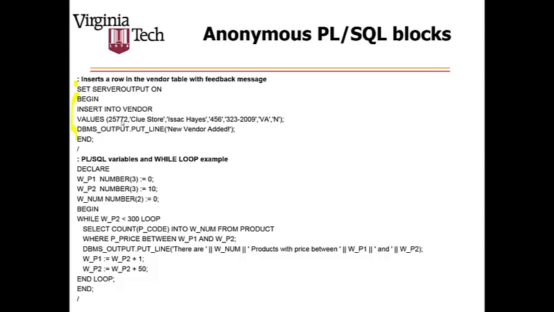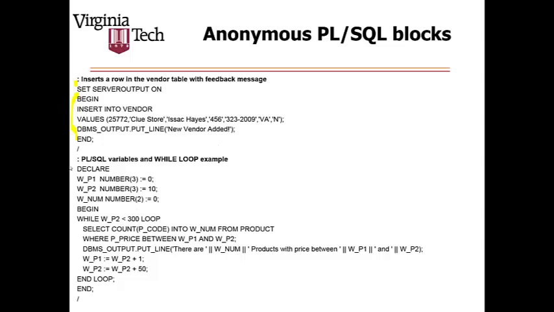Insert into vendor these values: 25772, Clue Store, IZKs, 456, Virginia. Who knows what that last attribute is? Right, and so now we have a new vendor, and then we give an output line, new vendor added. Now I'm not saying these are ones you would find, but it's just giving you the idea of the syntax.